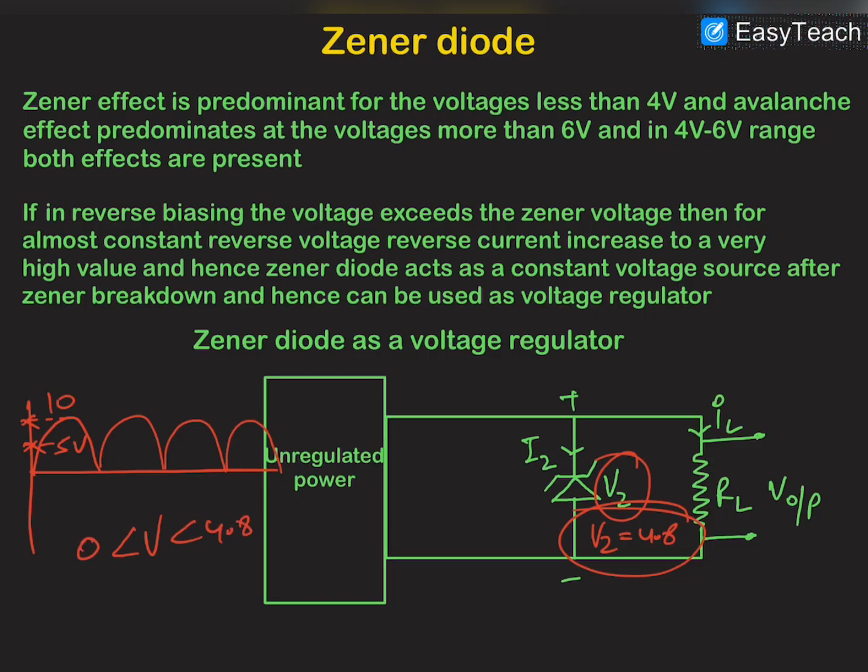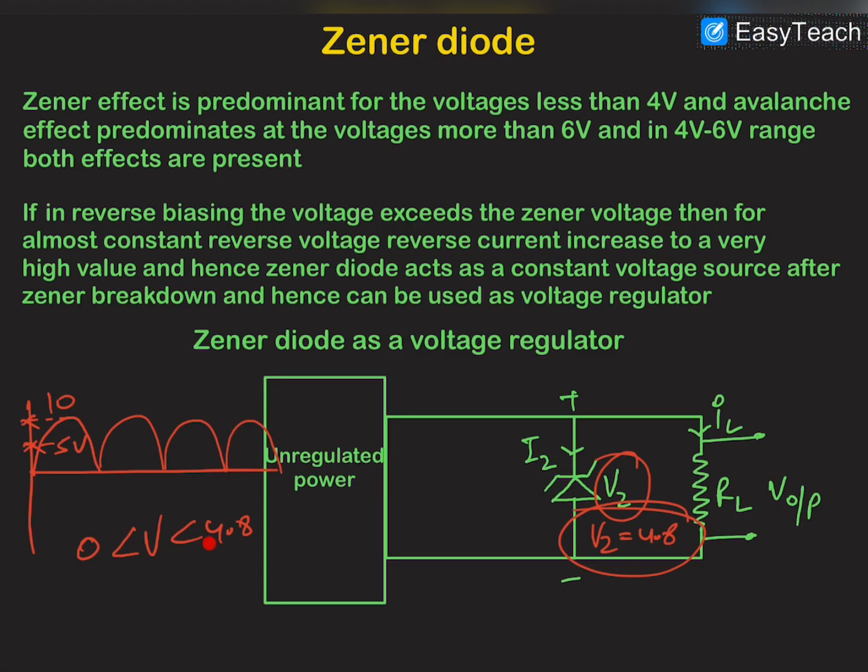If the input voltage, which is the voltage across this Zener diode, is less than 4.8, then it will offer very high resistance, because you know that a diode in reverse biasing offers very high resistance. Due to that high resistance, almost all the current will flow through the load resistance, and a voltage will be developed which can be used to operate the ceiling fan.